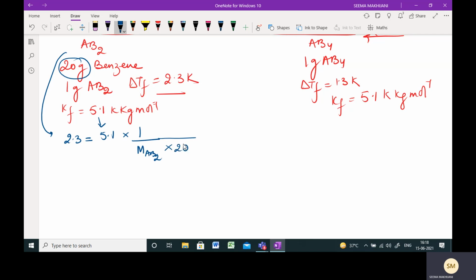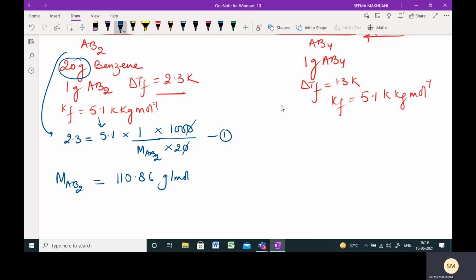The weight of solvent is to be taken in kg. ऊपर आ गया 1000. This is your first relationship. From this you can get the molecular mass of AB2. Please stop the video here and solve it. Get the value of MAB2, molecular mass of AB2, by using all the data given here, and it comes out to be around 110.86 is your molecular mass of AB2.